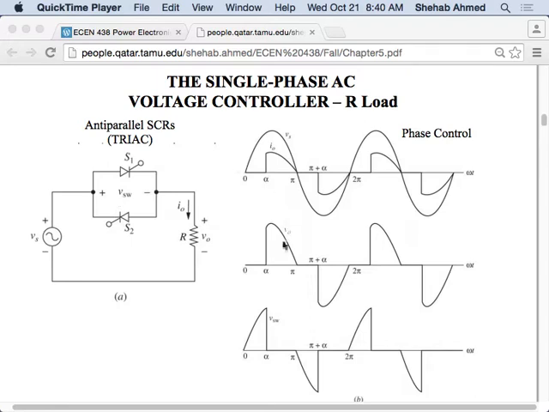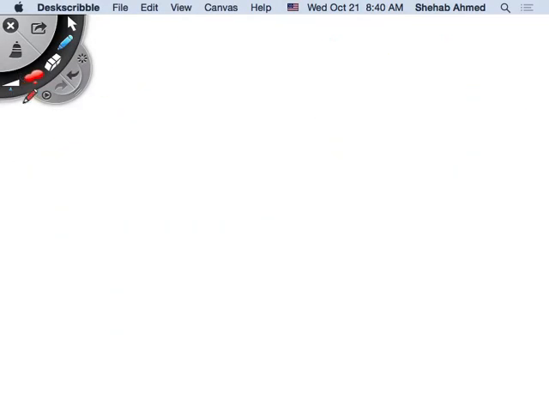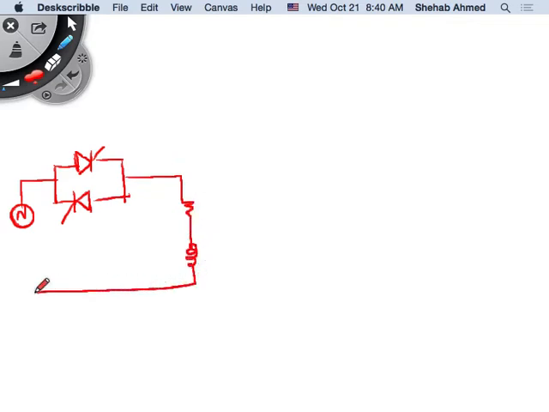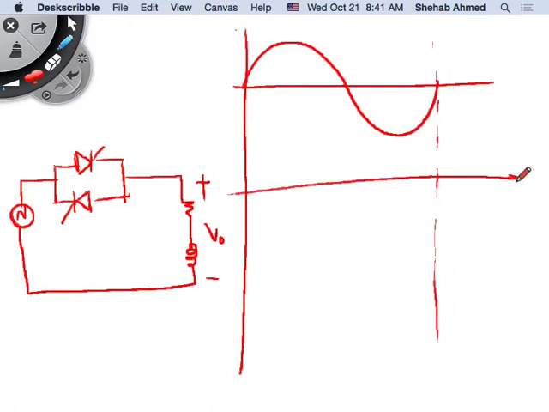Okay, so now the natural extension to that is RL, right? So how will that affect the waveforms? Let's see. So instead of my R only, I have a source, back-to-back thyristors, or my triac, and then I have an RL type load. What does V output look like for this input voltage?